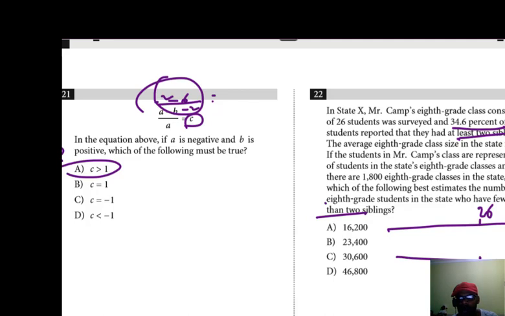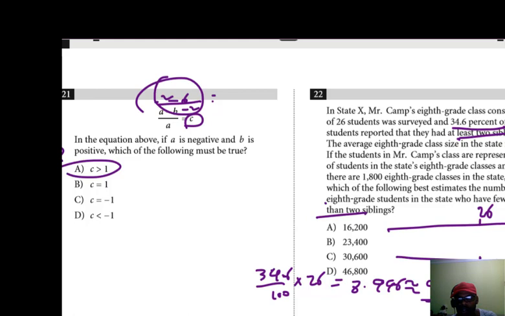So let's calculate 34.6 over 100 of 26. Let me use the calculator here. When you do 34.6 divided by 100 times 26, this gives you around 8.996. Since we're asked for a whole number, it should be closer to 9 per class.